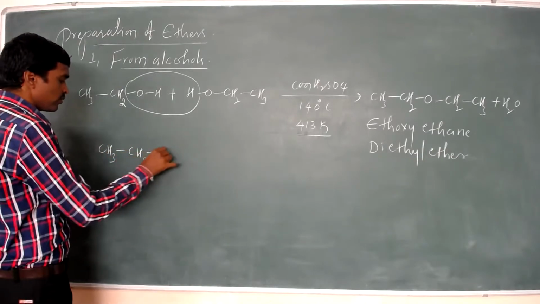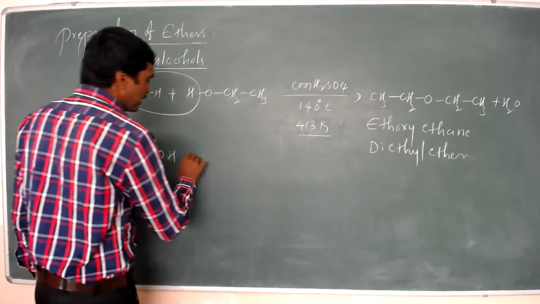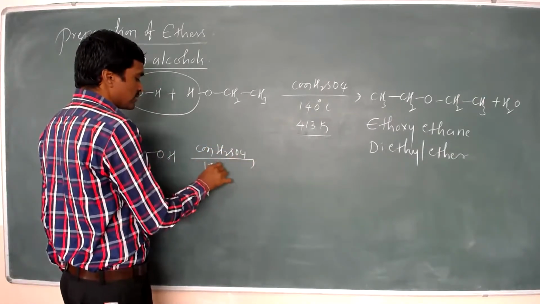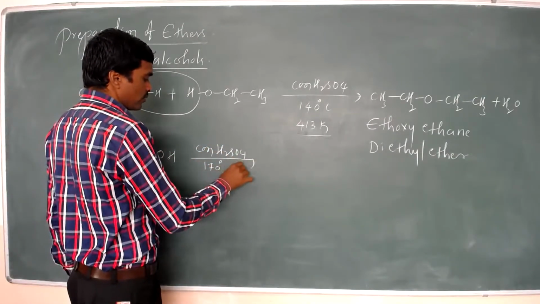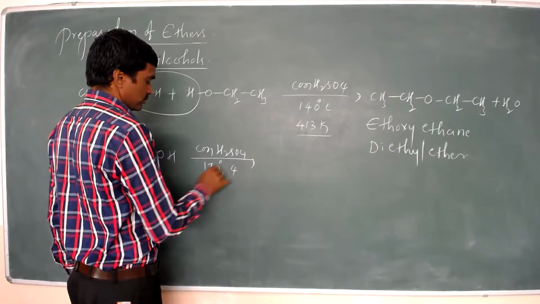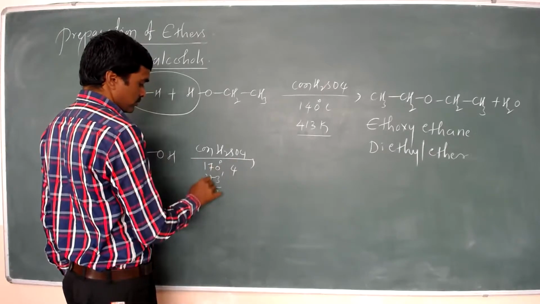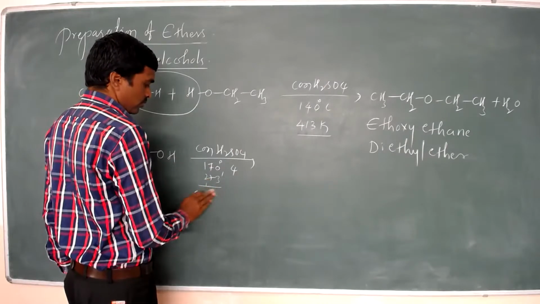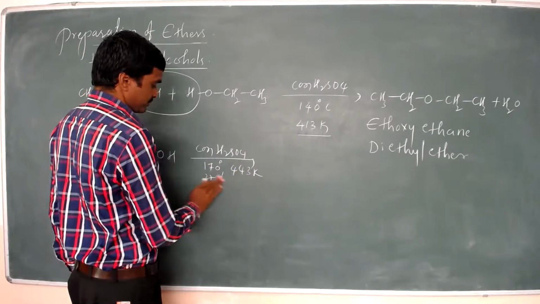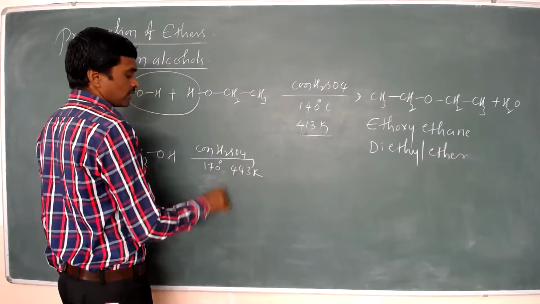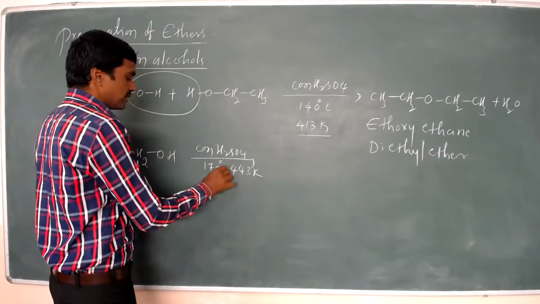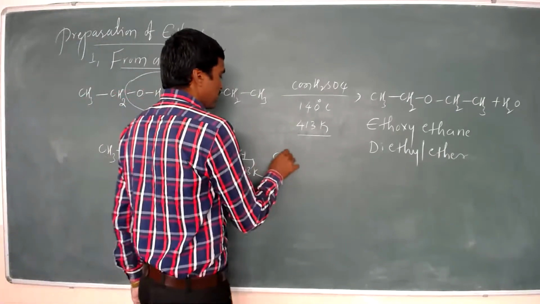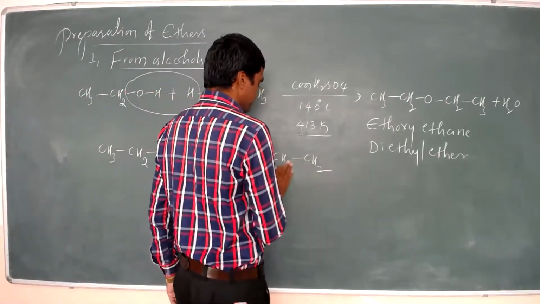CH3CH2OH, ethyl alcohol, reacts with concentrated H2SO4 at 170 degrees Celsius or 443 Kelvin temperature, then ethene is formed.